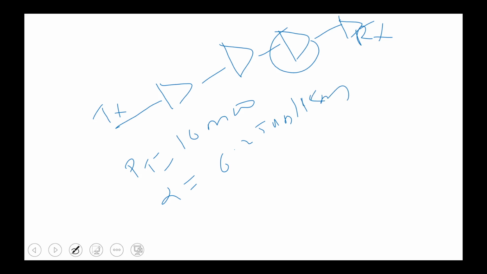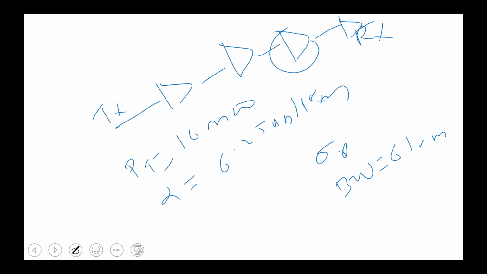Okay. Now you have to calculate the optical noise power spectral density at the output of the amplifier. For the first question, if an optical filter of bandwidth 0.1 nanometer is introduced at the output of the EDFA, what is the OSNR, optical signal to noise ratio, at the output?